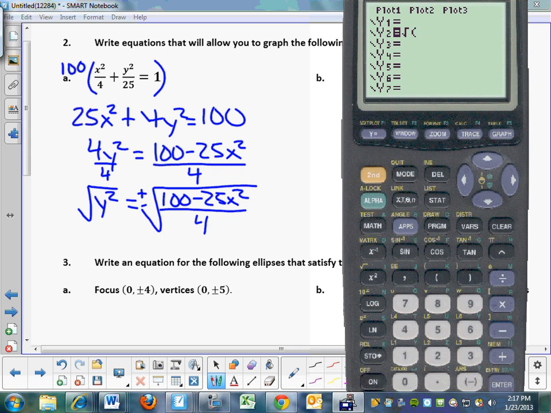So I've got 100, double parentheses. Whoops, forgot a parenthesis in there.